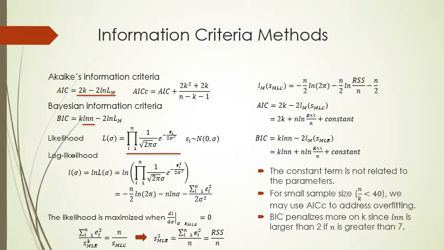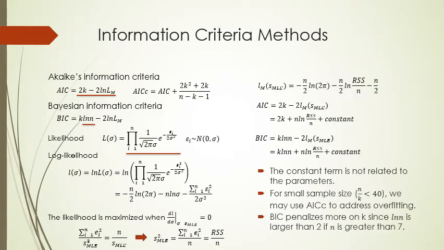Since the observation is fixed, the likelihood is maximized when the derivative dL/d sigma is 0. Thus, the maximum likelihood estimated variance is the residual sum of squares RSS divided by n, as we discussed in the last slide. When sigma is sigma MLE, we have an estimated maximum value of the likelihood function LM.